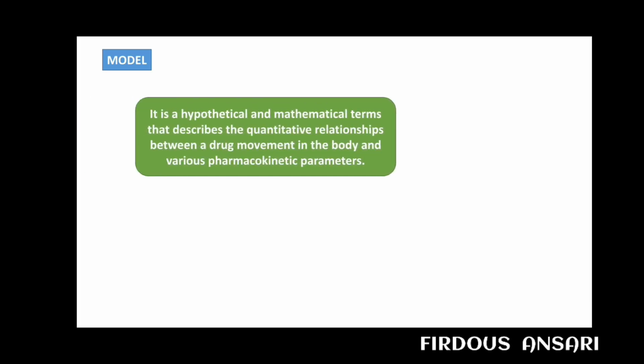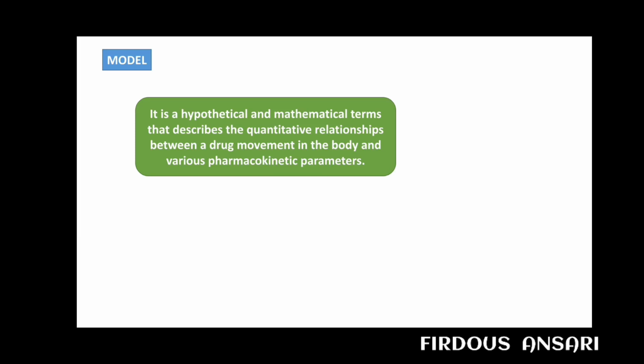Next, what is a model? A model is a hypothetical and mathematical term that describes the quantitative relationships between a drug's movement in the body and various pharmacokinetic parameters. See, in the first line itself it is saying it is a hypothesis. So this pharmacokinetic model is a hypothesis and not a law. It may be accurately perfect for one patient in one condition and may not work in another patient in the same condition.